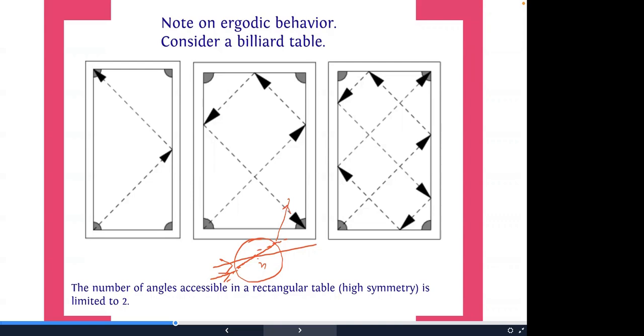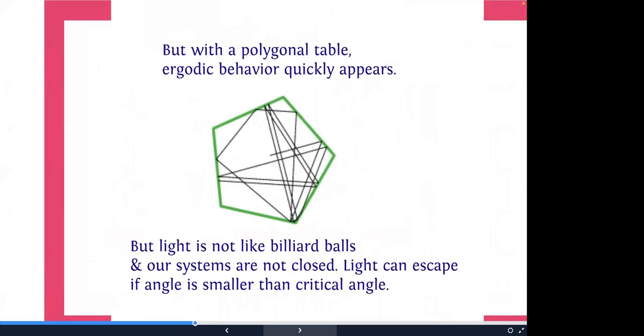It's either escaping, or if it's trapped, it's total internal reflection, which just bounces around. All I can show is that it's no longer random. So it's a high symmetry situation. But what's interesting is that this only happens in some special cases. In the vast majority of cases, when you have roughness, this will never happen. So that's the interesting observation here.